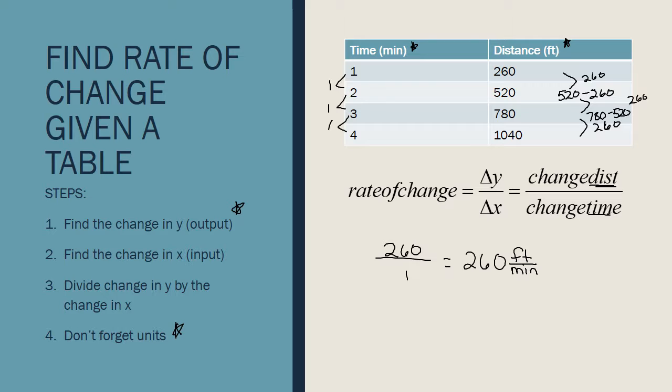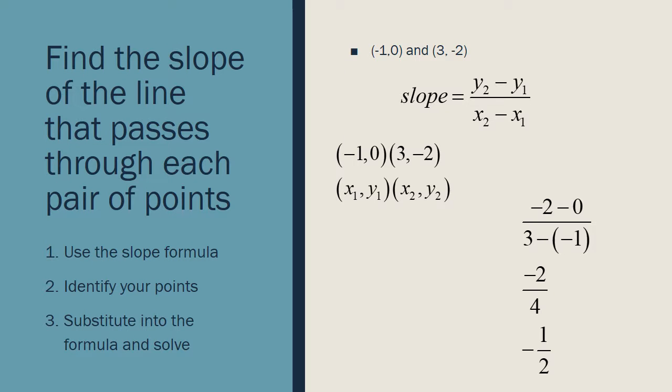Next type of problem that you will see is find the slope of a line that passes through each pair of points. All we're doing is using the slope formula. This is the slope formula right here. You'll need to memorize it. This is the same thing as change in y over change in x though. Remember on our table we subtracted the first point from the second point, and that's what we're doing here.